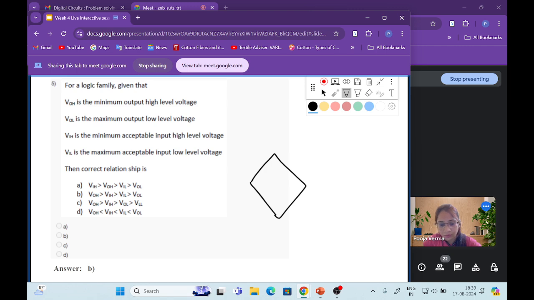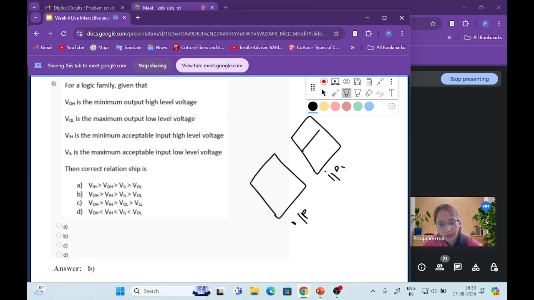Let's say this is the input voltage range, and this one is the output.